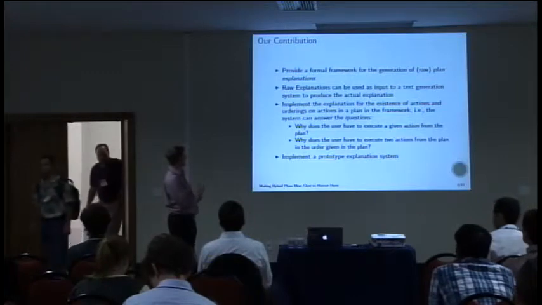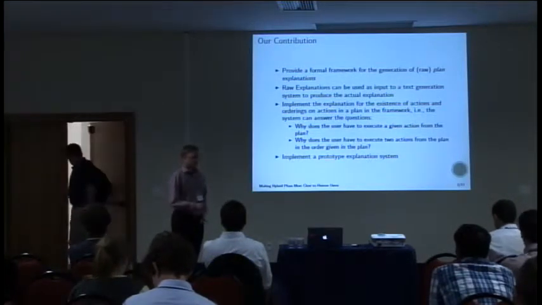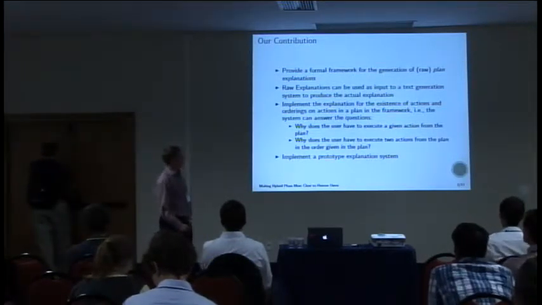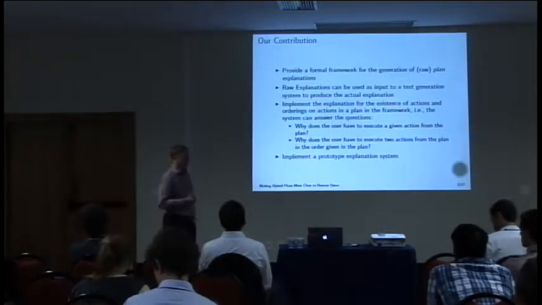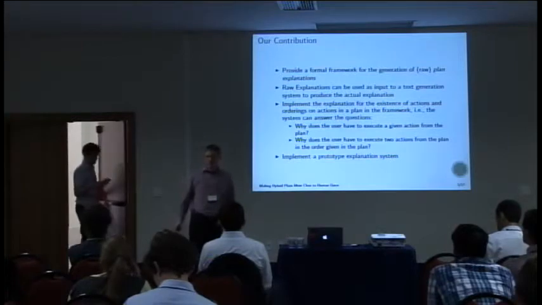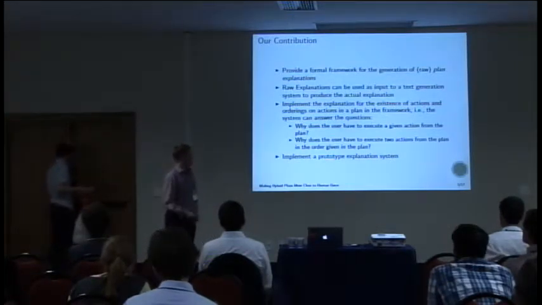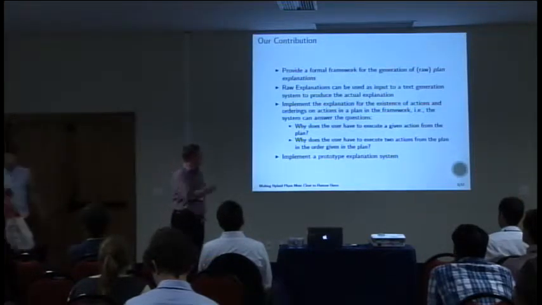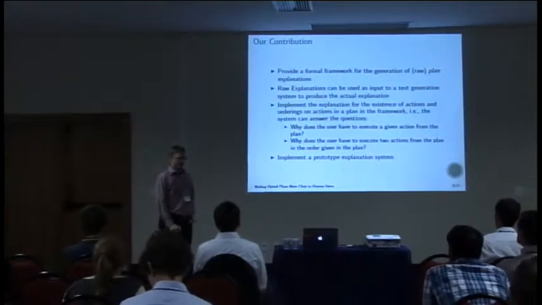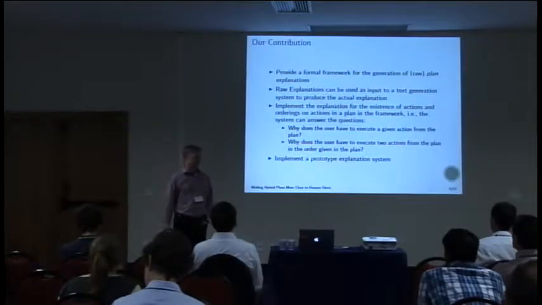We can imagine that a raw explanation represents the content of an actual humanly readable explanation. So the raw explanation could be used as input to, say, a natural language generation system that then produces the actual readable explanation.